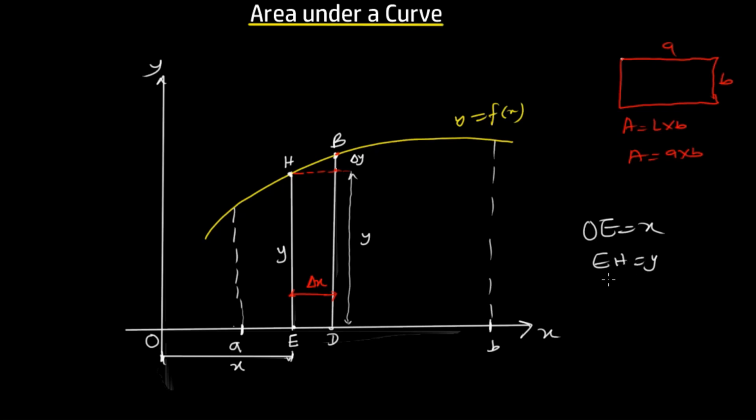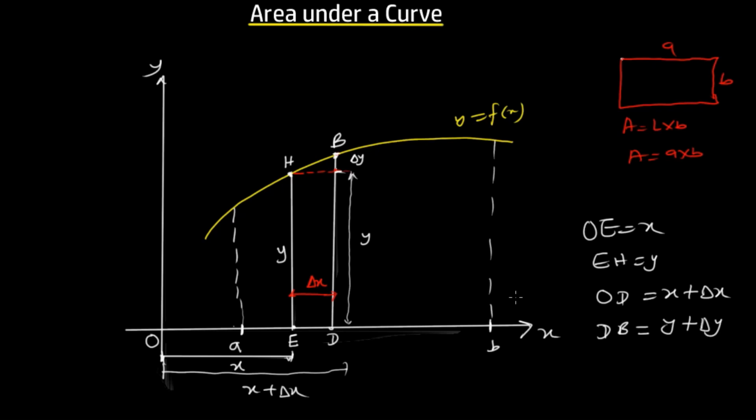So OD, from this point all the way to this point, is simply x plus dx, which is x plus change in x. The same thing is applicable to DB. We have DB equal to the length y plus a little change in y, which is y plus dy.